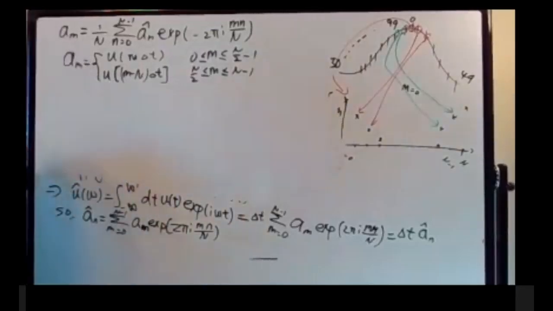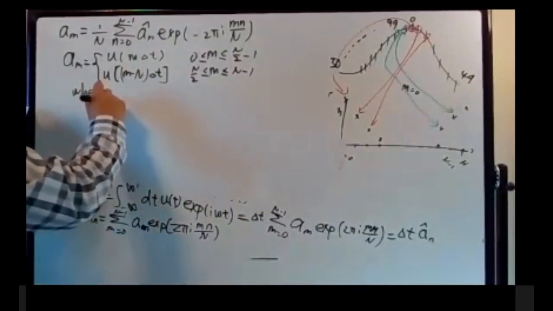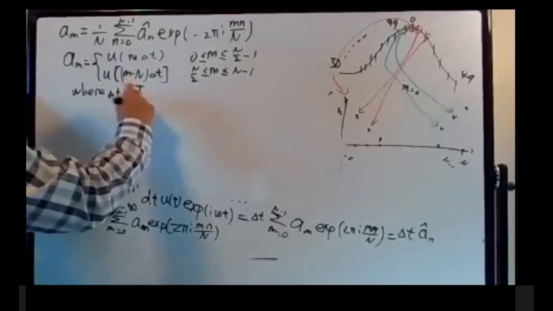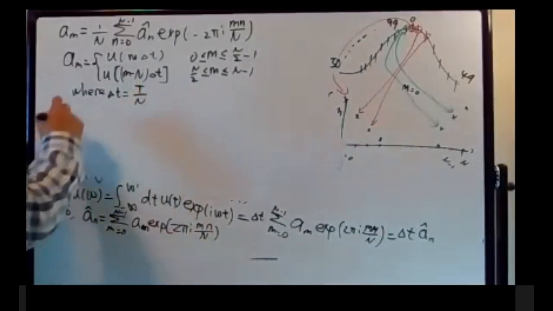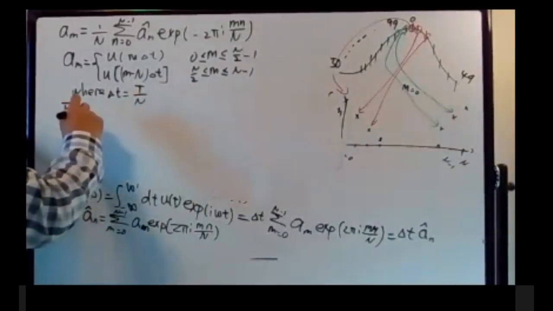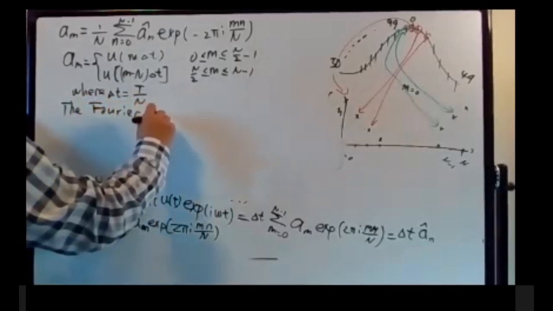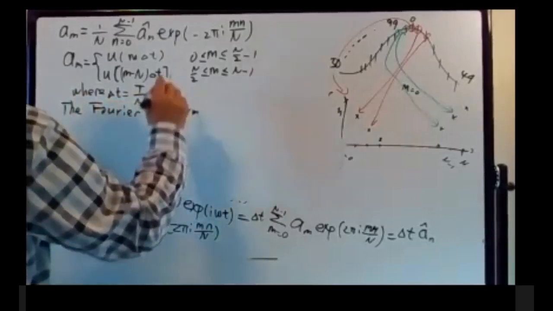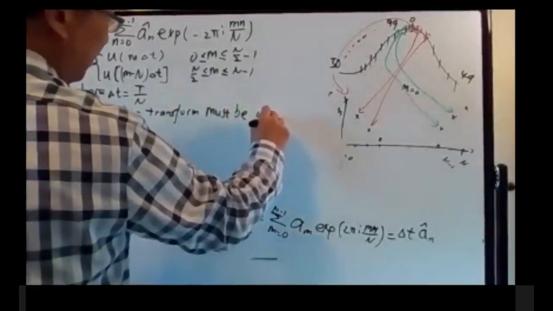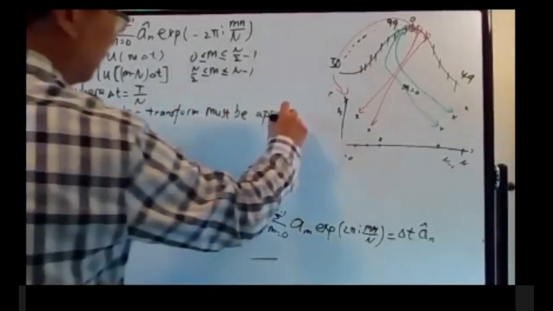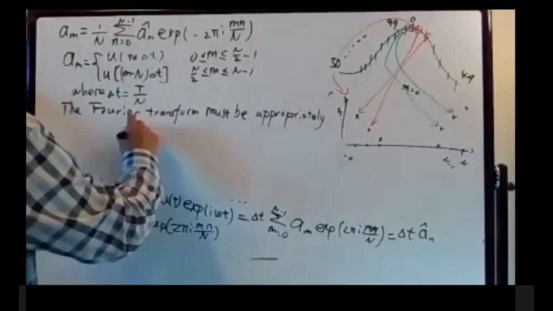But for now, we have where delta t is capital T over N. And the Fourier transform must be appropriately shifted.